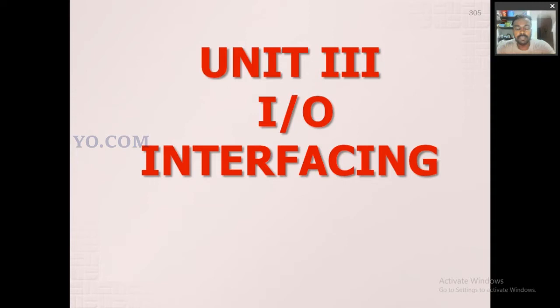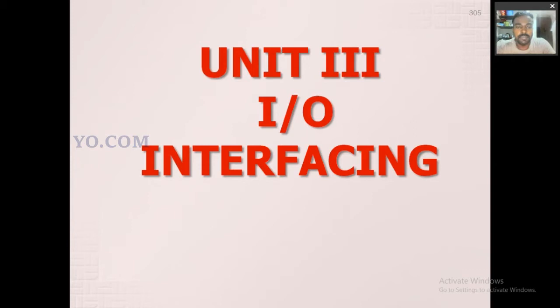So in this session we are going to see unit 3, that is I/O interfacing. What is I/O? That is an input and an output device.